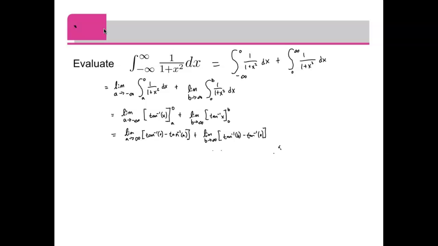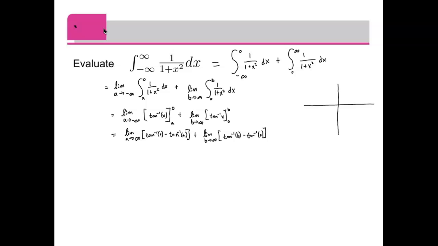All right, it would be helpful to know a little bit about what inverse tan looks like. So to give you some intuition for that, let's think about what tangent looks like. Now remember, all trig is periodic, so it repeats itself over and over again. But to have an inverse function, you need the function to be 1 to 1, meaning it has to pass the horizontal line test.